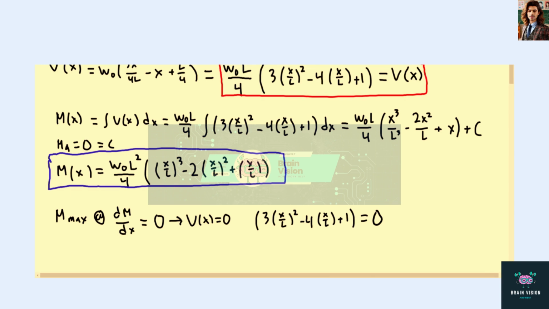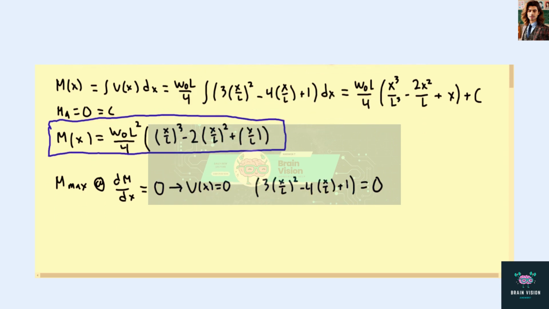Okay, this is why we factored an L out. We're now able to factor this simply, and we're left with, for our V, this will factor into 3x over L minus 1 and x over L minus 1 equal to 0.